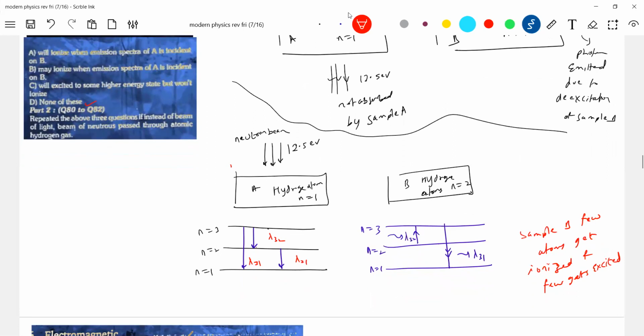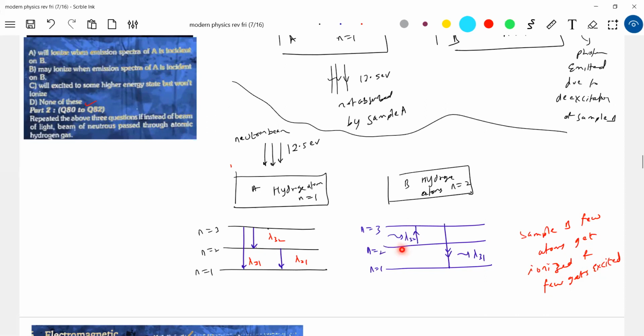I think all will get excited, will get ionized. It seems like this. Okay, let's write the statement. Without excitation also, directly it can ionize, sir, from n equal to 2 to infinity directly.